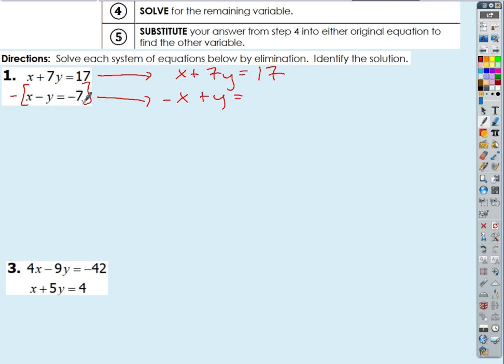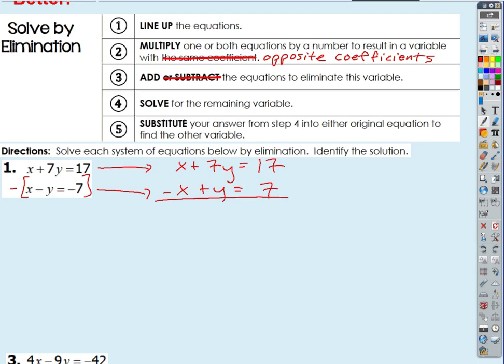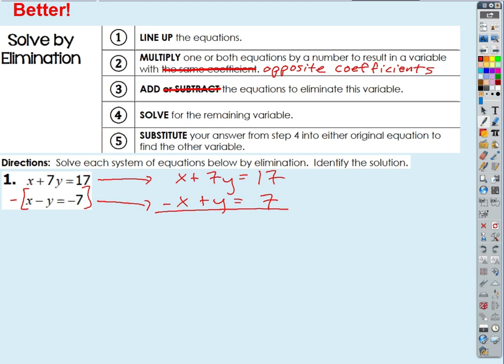When I distribute the negative through the whole thing, it just changes all the signs. And then, so there's step 2, right? Step 2 is we multiplied one or both equations by the same number, resulting in a variable with opposite coefficients. In this case, we only had to multiply the bottom equation by -1.